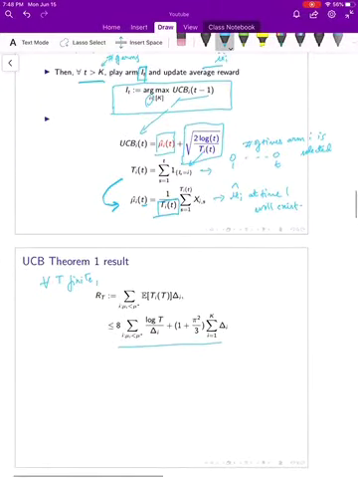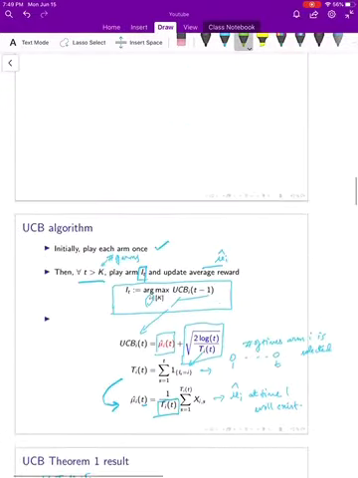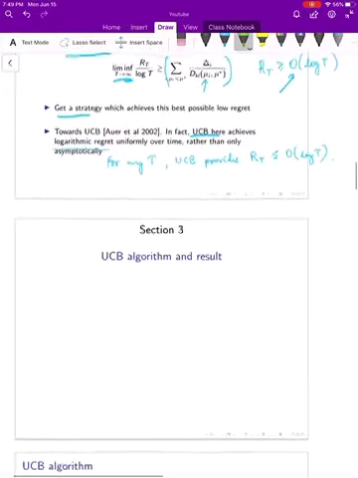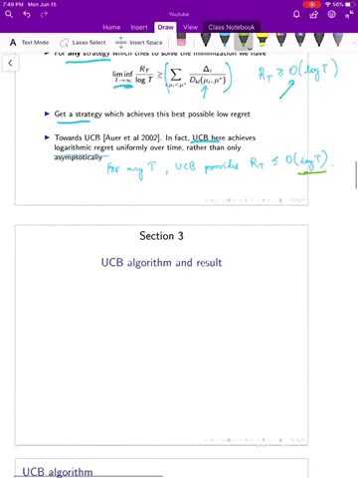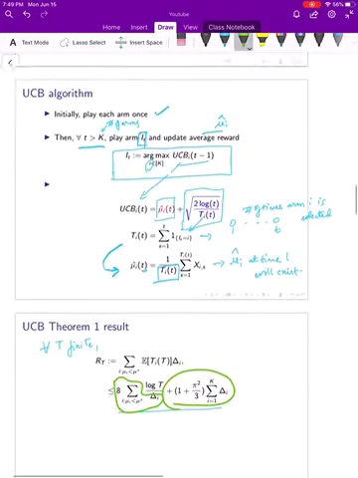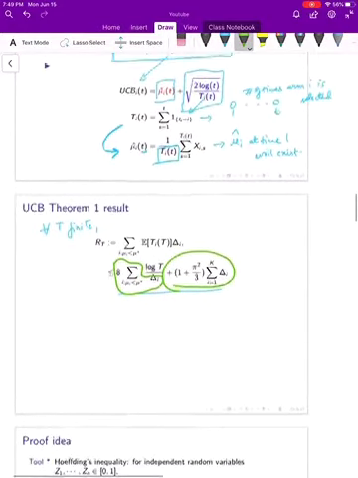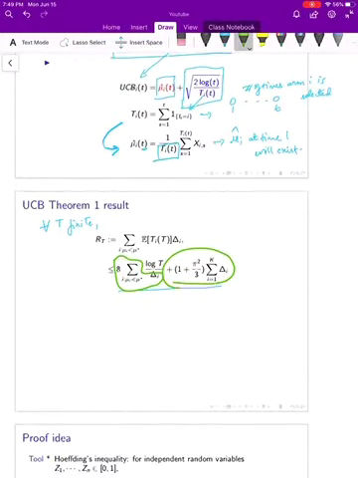So these are the constants which were hidden in the order constant in this expression. So yeah, now we move on to prove this result.